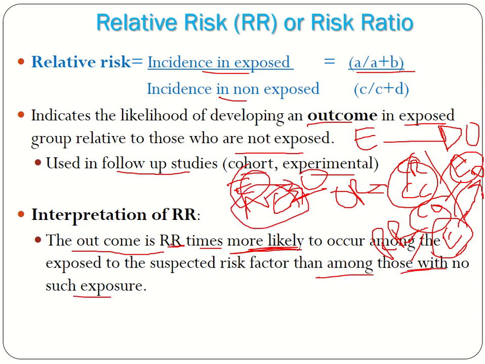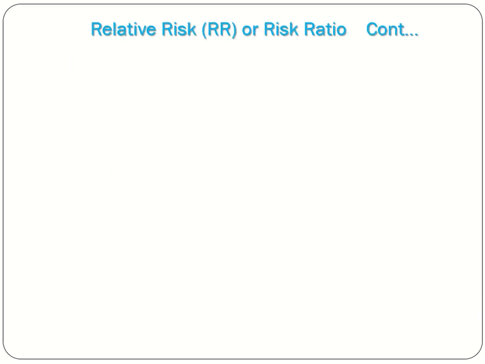So the outcome is RR times more likely to occur. So this is how we interpret relative risk.